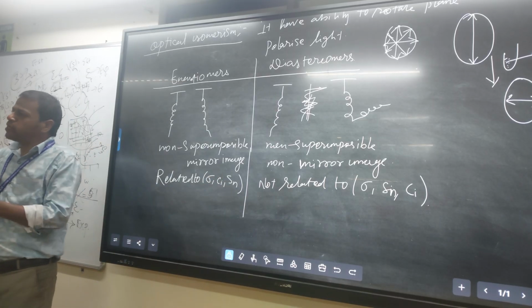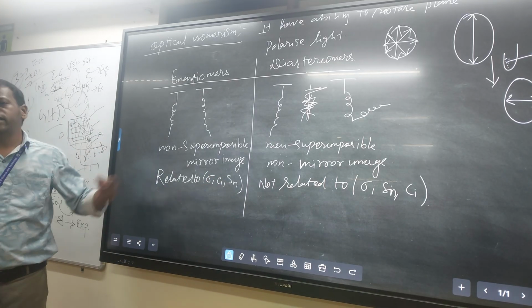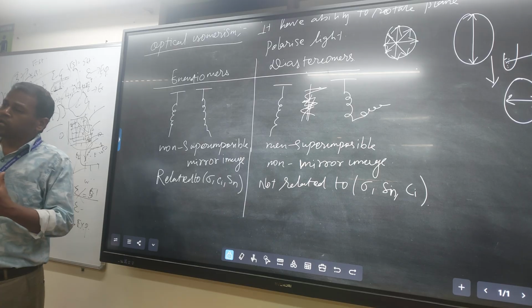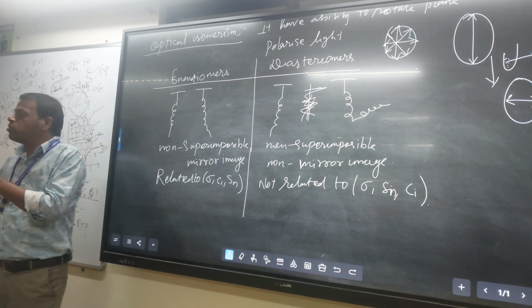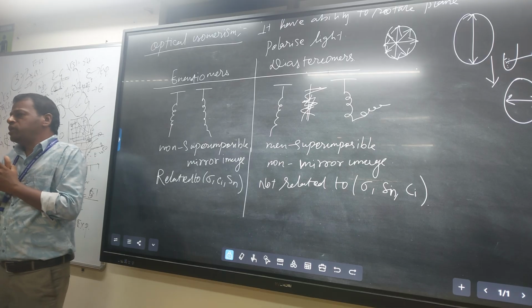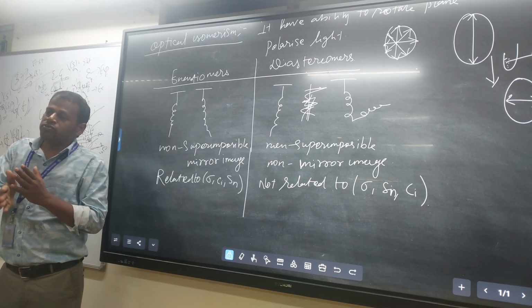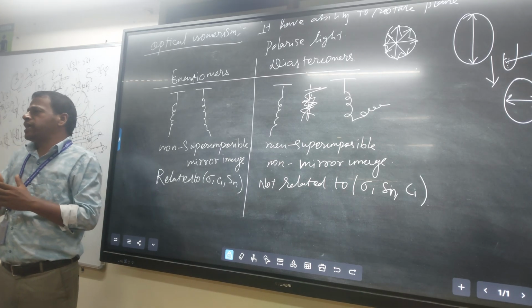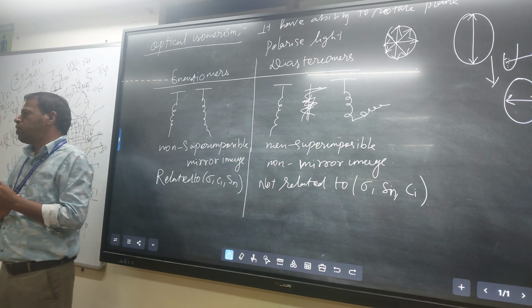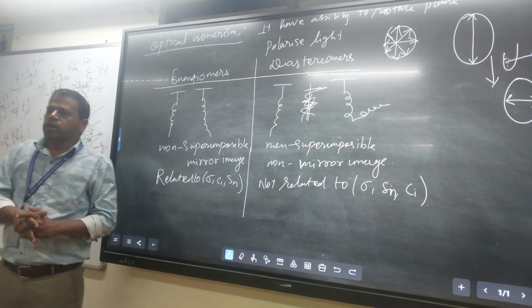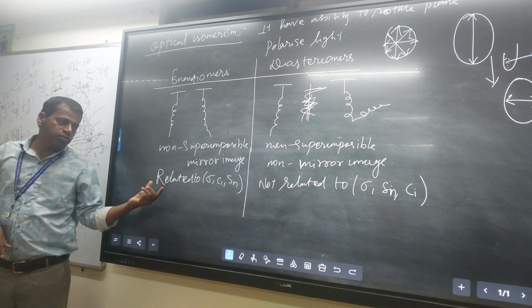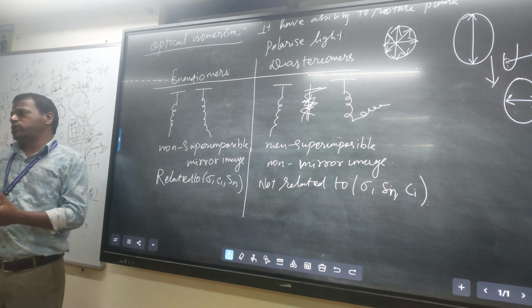We can do the operation on enantiomeric molecules, but in diastereomer molecules we cannot do the plane of symmetry, center of symmetry, or axis of symmetry operations.